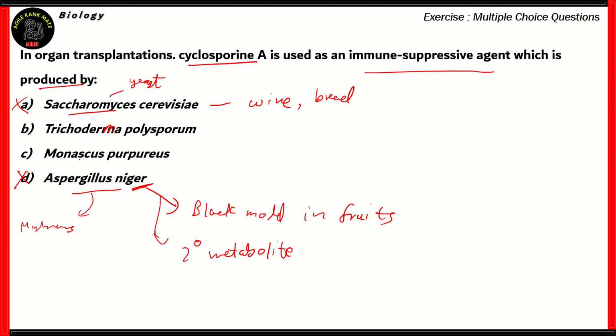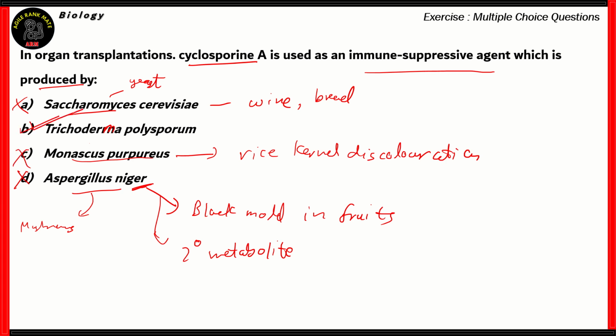If we look at option C, Monascus purpureus, it basically leads to red coloration in grains. This is known as rice kernel discoloration. So that means option C is also incorrect.